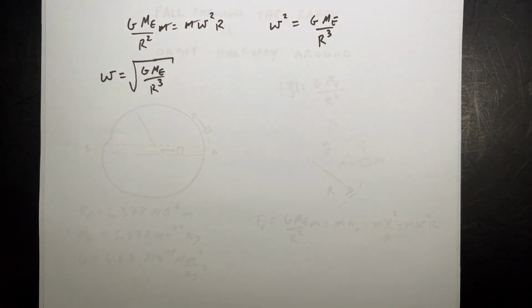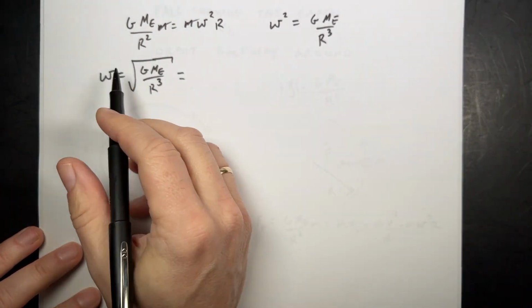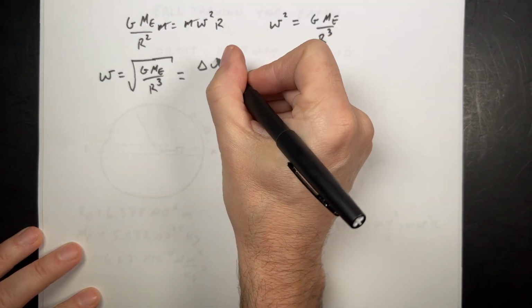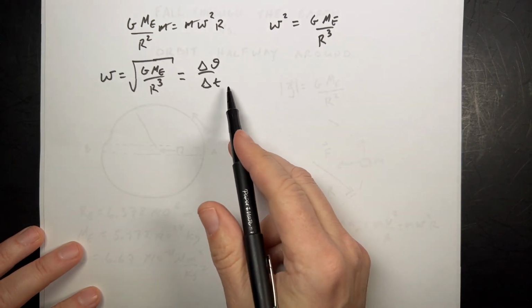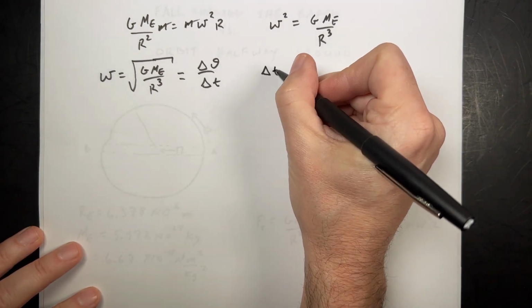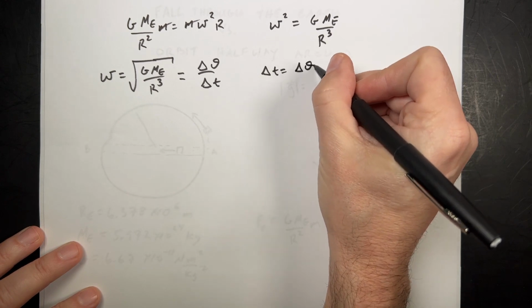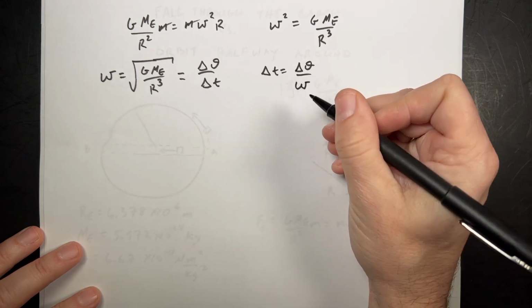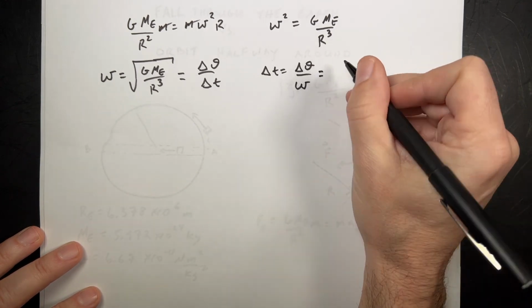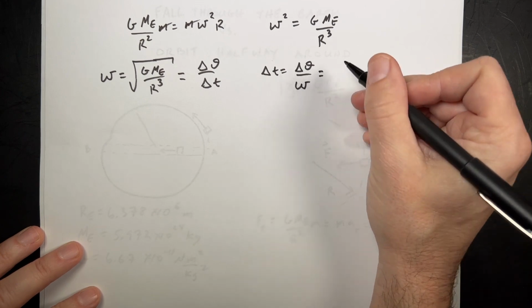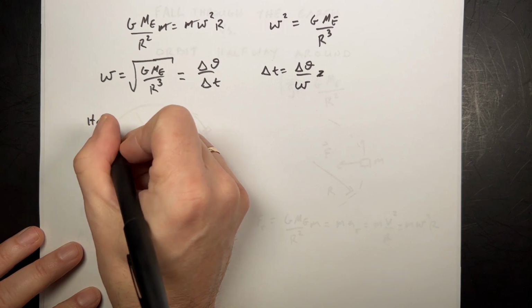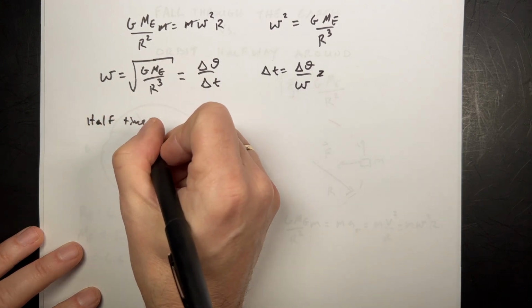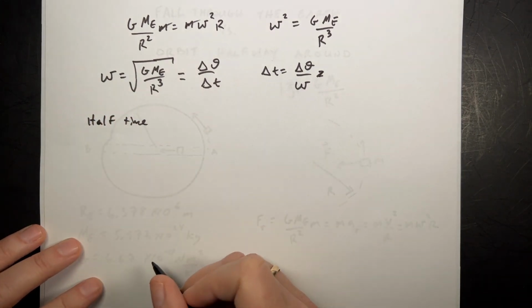Now, if I want to find the time, I'm not going to put the numbers here, but I could find the time. So let's say the angular velocity is the change in theta with respect to time. And so if I want to, I could solve for delta t. Delta t is going to be equal to delta theta over omega. And if I want to do halfway around, it's half of the time, a half period.